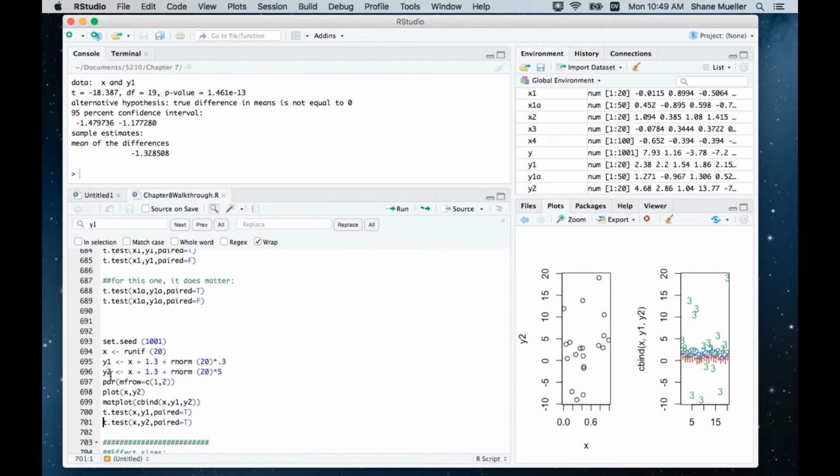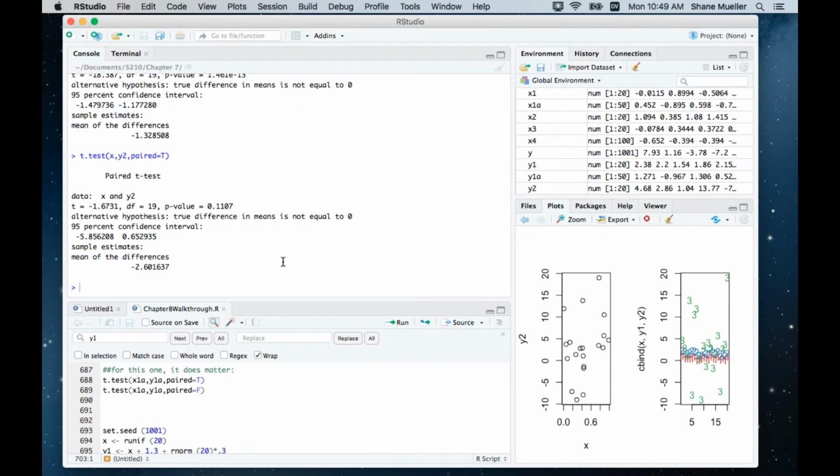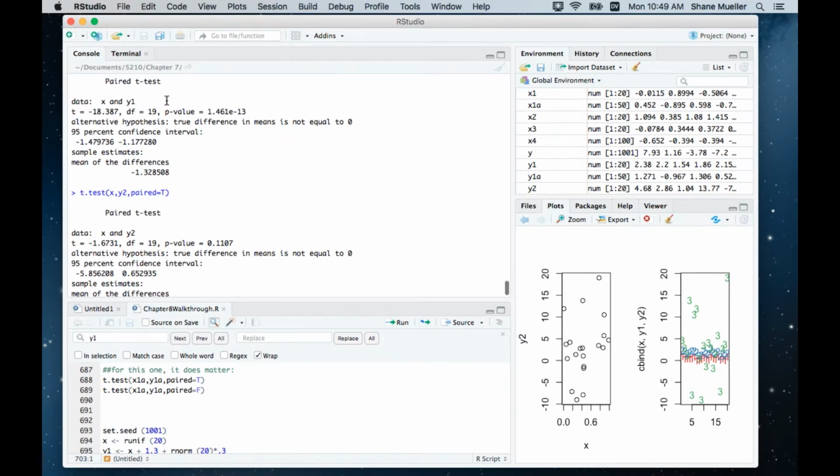variability? So here is y, and it's related to x with different levels of variability. And you can see that in this case, it can matter. These are not identical, but when I have low variability, I have the same variability in x, but different variability in y, and I use a paired test.